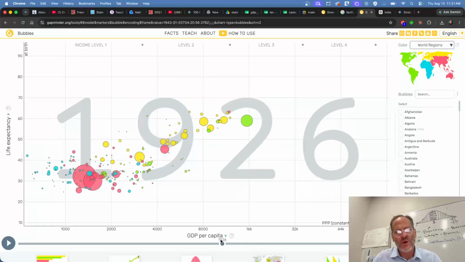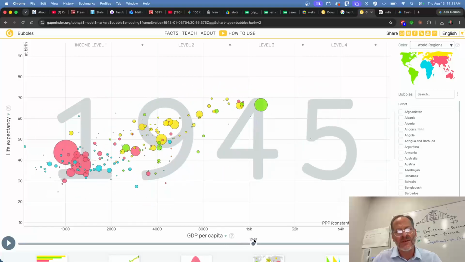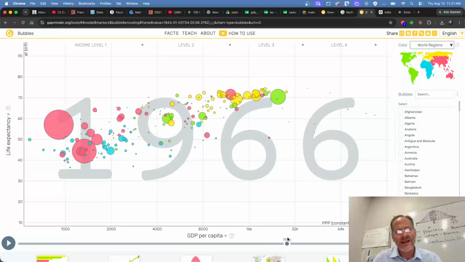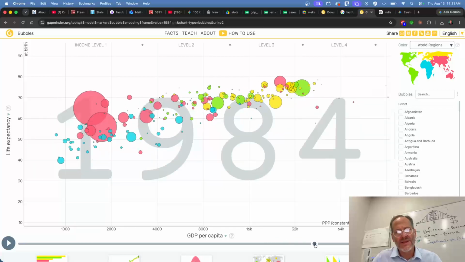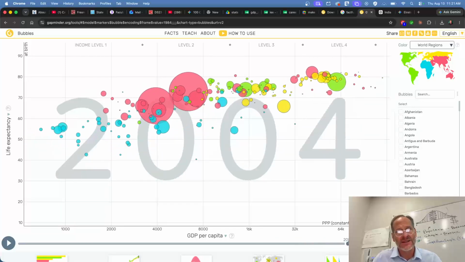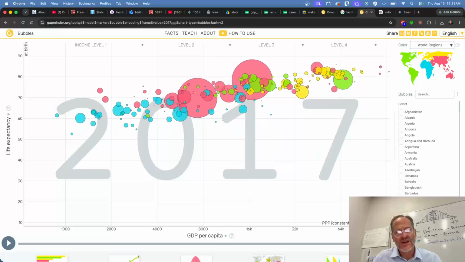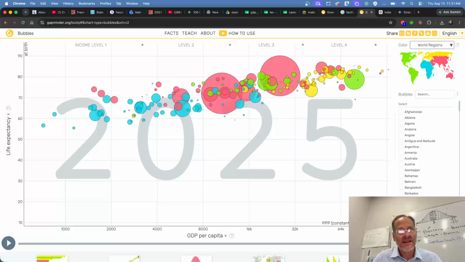And then post-World War II is the golden era of humanity. Look at that. Ooh, wealth and health, just like on this trajectory. Crazy trajectory. So amazing. This is the best time ever to be alive. It's not just my opinion, it's backed by data.